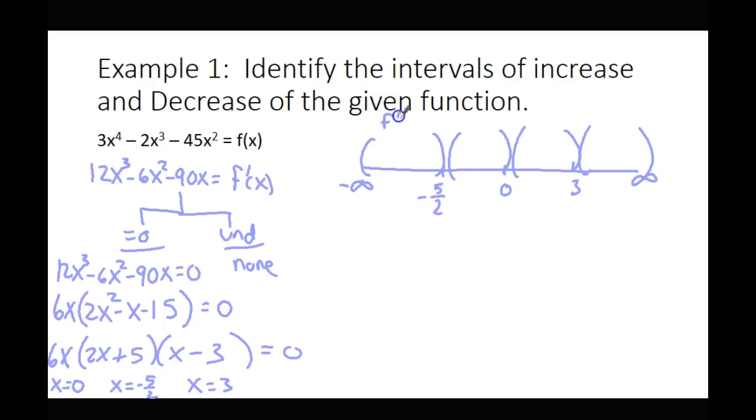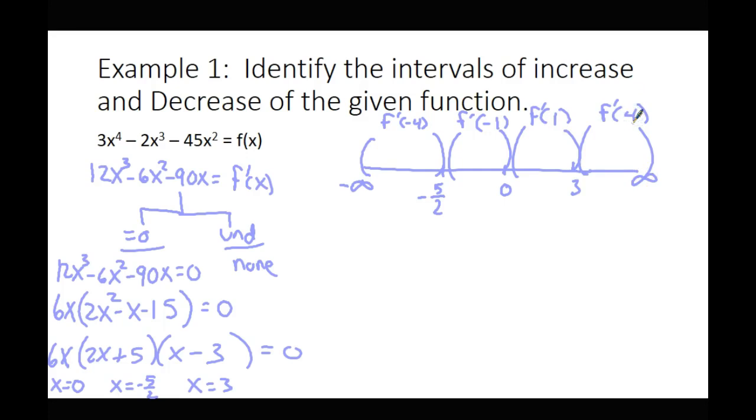And we're going to do f prime. We're going to figure out what those are. So what's a good number for negative 5 halves to negative infinity? Negative 4 works for me. How about in here? Sure. How about in here? And how about in here?